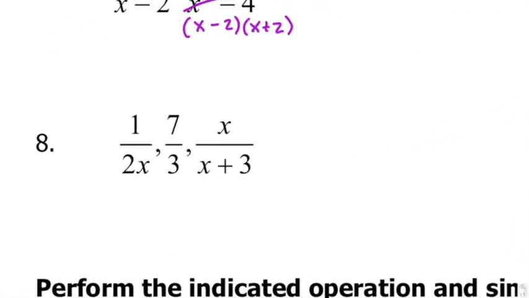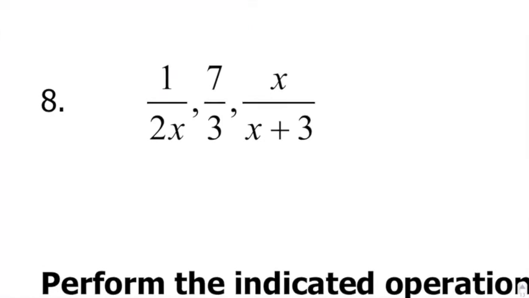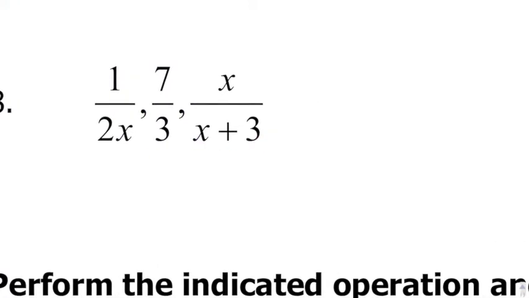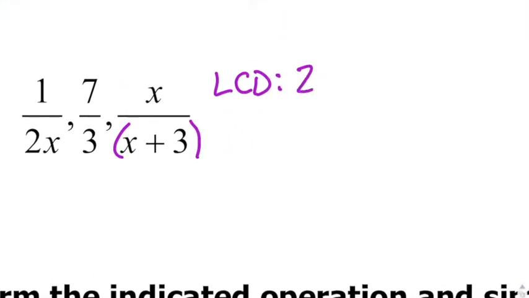Okay, very rarely, but sometimes we'll get problems with 3 different things here. And since all of these are completely different types of things, you got a binomial, a monomial, and another monomial, it's just a combination of all these. So you'd say the LCD in this case would be 2x times 3 and then times x plus 3.